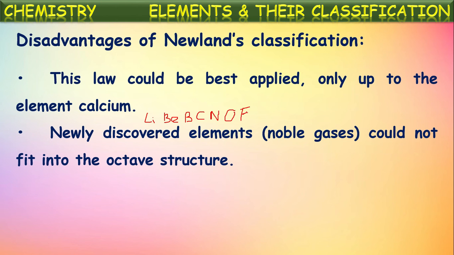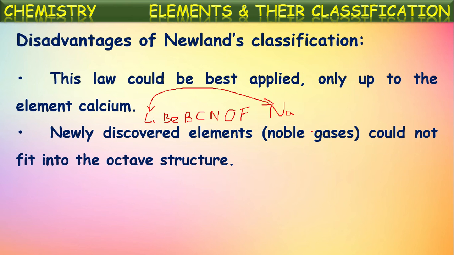While he was giving this classification, as we told, they didn't come to know about noble gases yet. So after fluorine, they know about sodium. Now, for lithium, the consecutive eighth element is sodium, and the properties of these two elements are observed similar. So he called this set of eight elements as one octave.